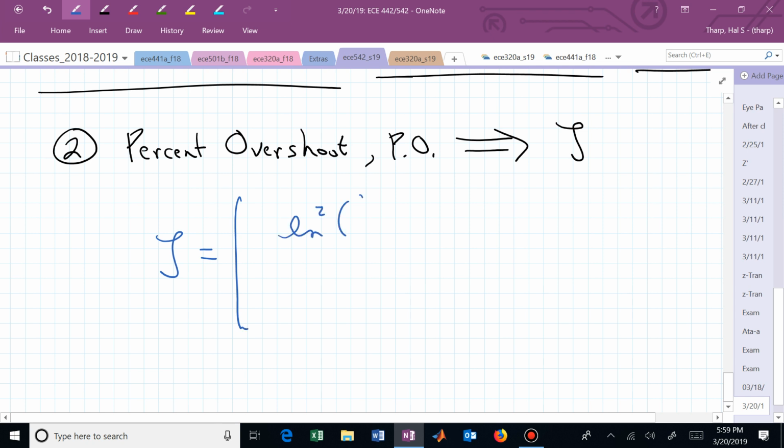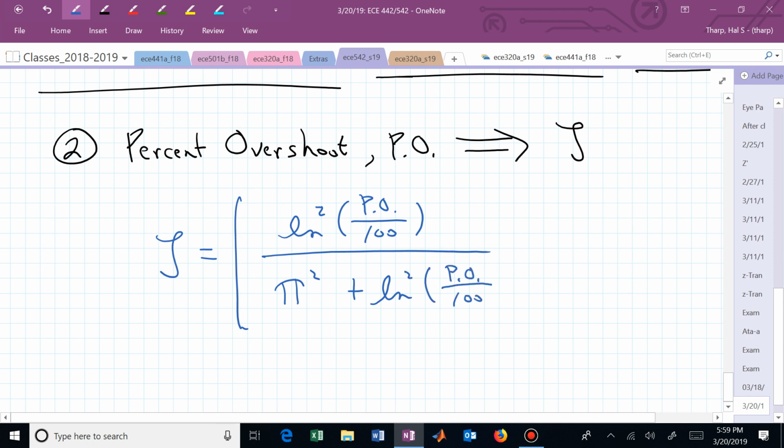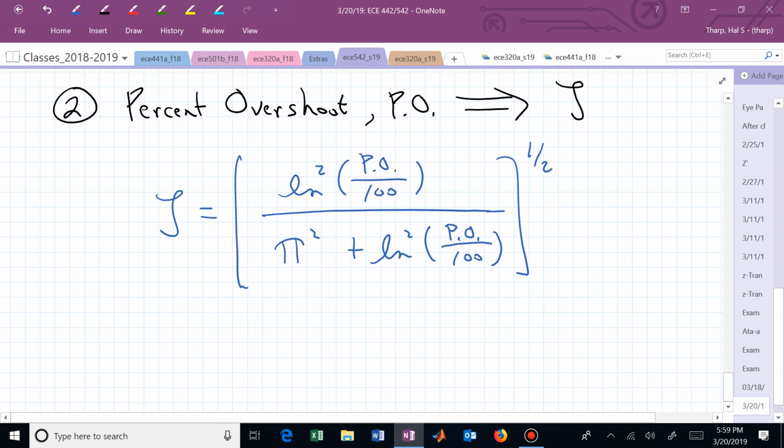It's the natural log of PO over 100 divided by pi squared plus the natural log squared. So you have that twice in your formula, once upstairs and once downstairs. And what you don't want to forget is to take the square root of that. That's the relationship between a second order underdamped system's damping ratio, zeta, and percent overshoot.